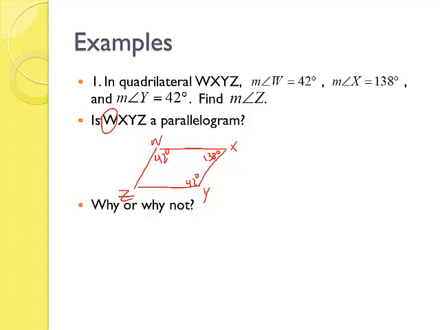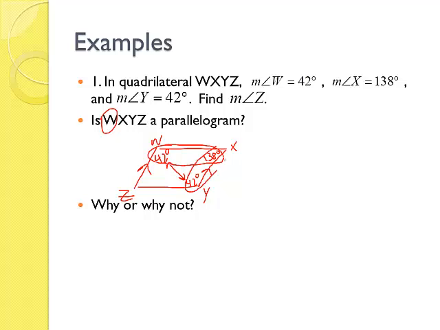So I can stop here. I see a couple things. I notice that both angle W and angle Y are congruent, or equal. I also notice that these two are consecutive interior angles, and they are supplementary. If they're supplementary, that means these two lines have to be parallel.